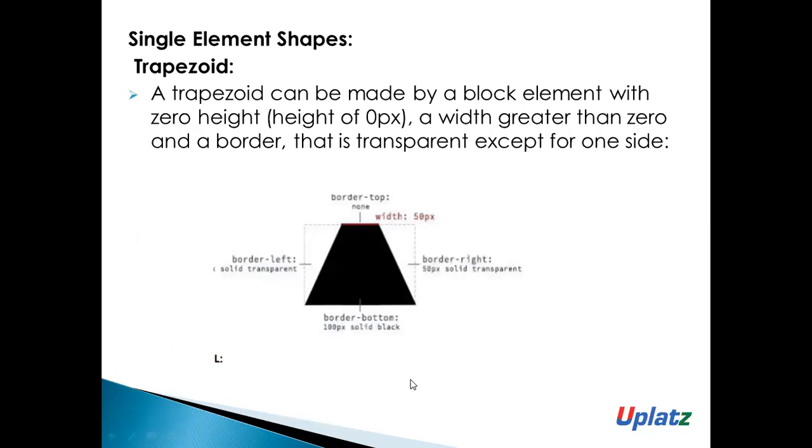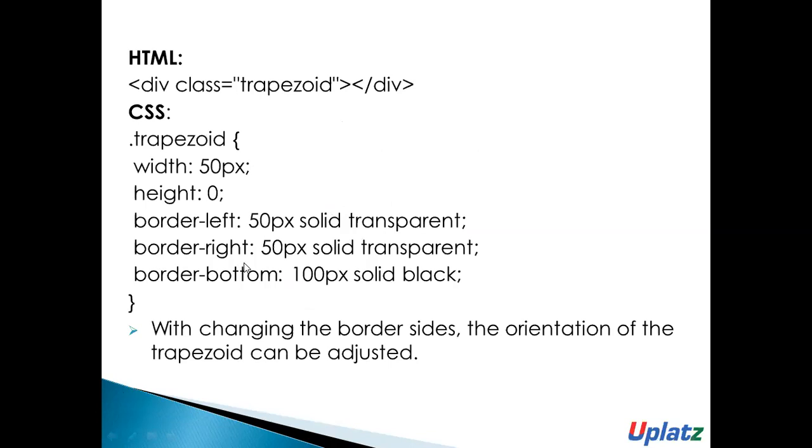So border top with this 50px, border right, border bottom I have given as 100px solid black. That is why it is coming in black color. Left I'm just making transparent.